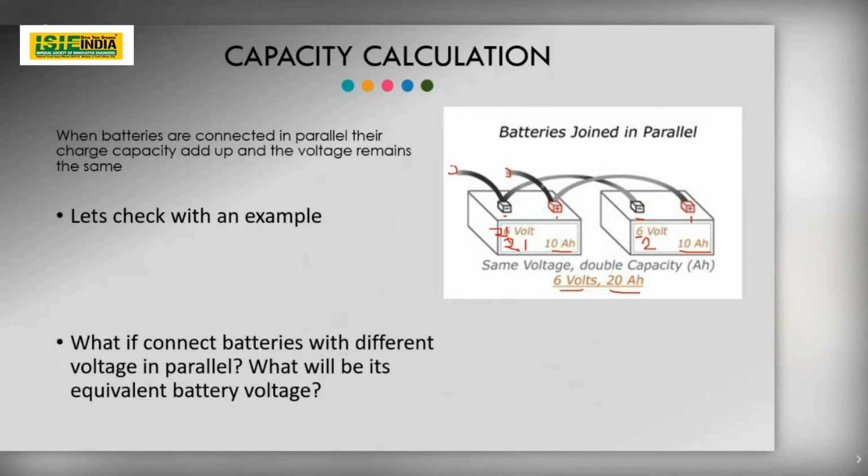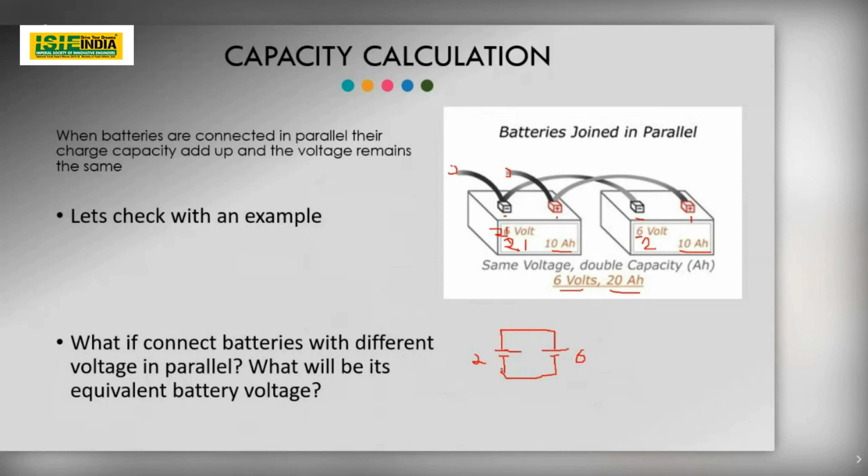As we can see, the circuit is complete. So I'll draw an electric diagram for you. This being the positive terminal, this is 2 volt, this is 6 volt. Now you can see the circuit is complete.